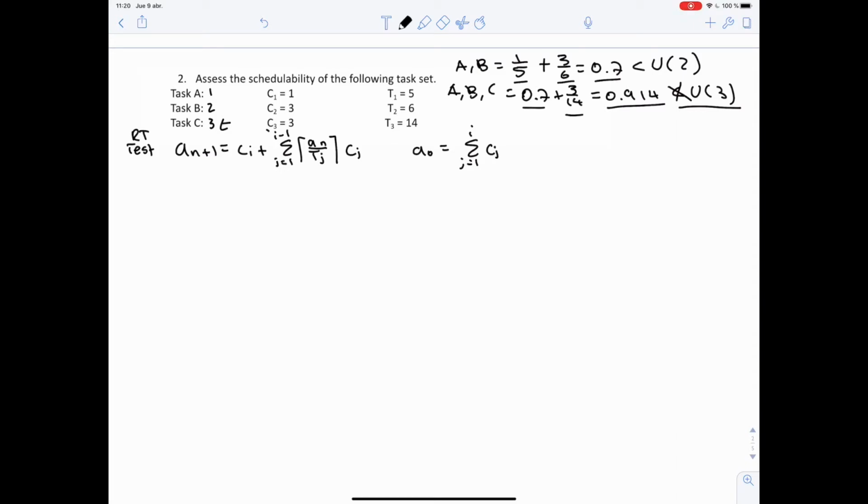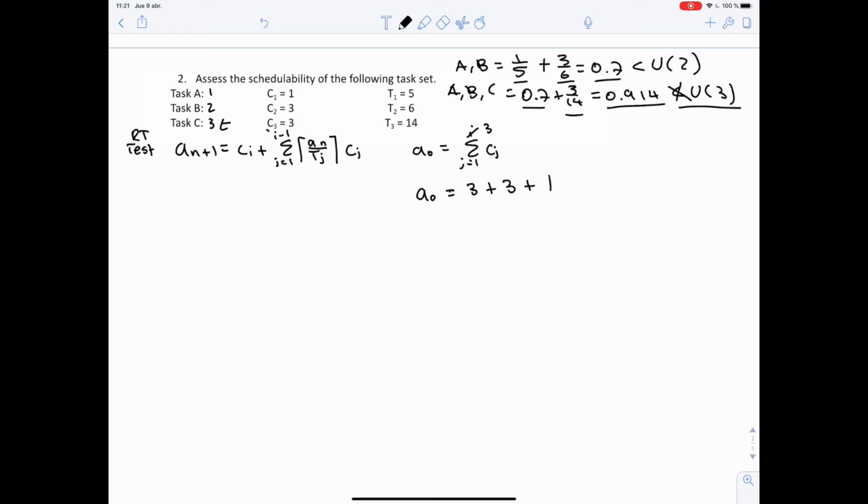For the RT test, we start with a0, and we're doing the RT test for task C, or 3, as I've chosen to call it. So we're going to replace the i here with a 3. Essentially, what we're going to do is sum up the costs of task 3 and all the higher priority tasks than task 3. So it'll be 3 plus 1.